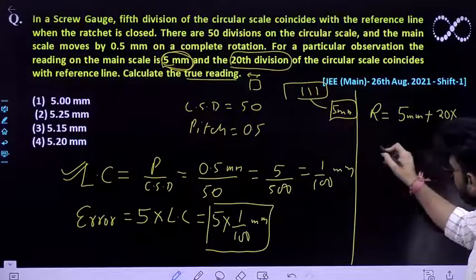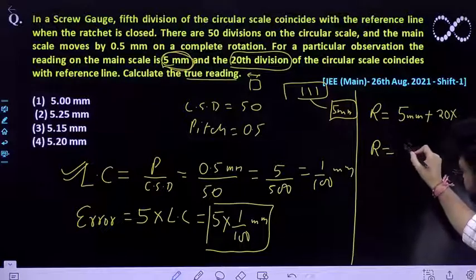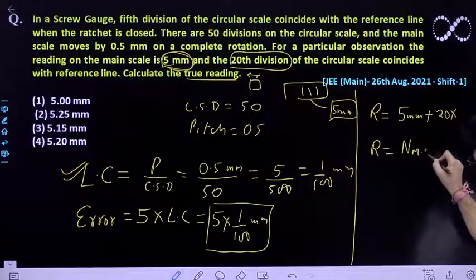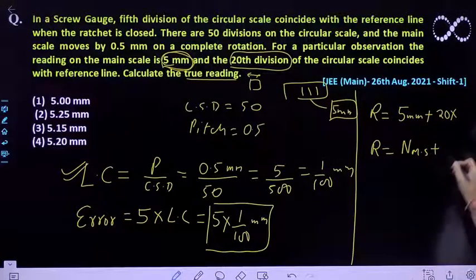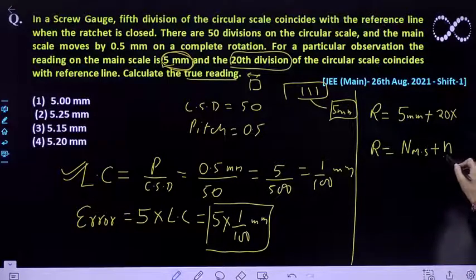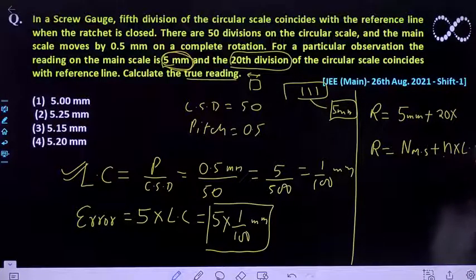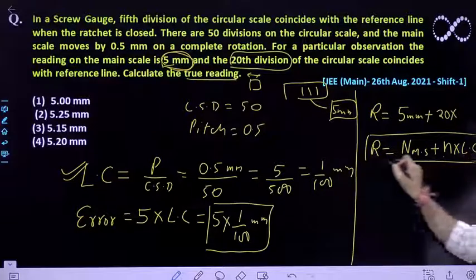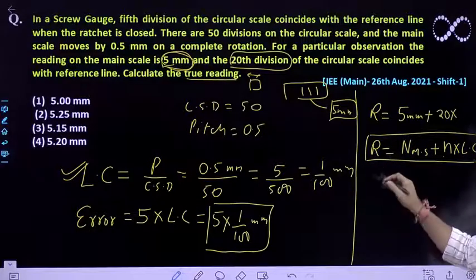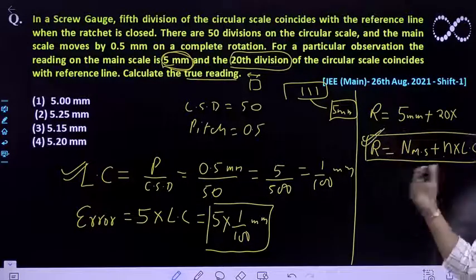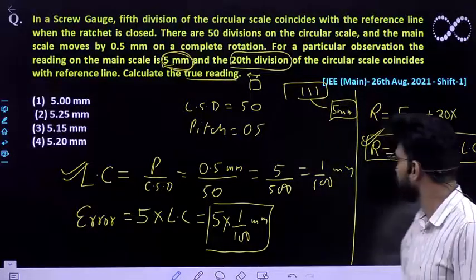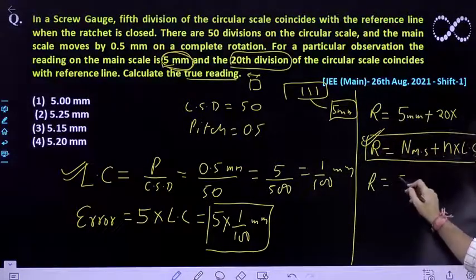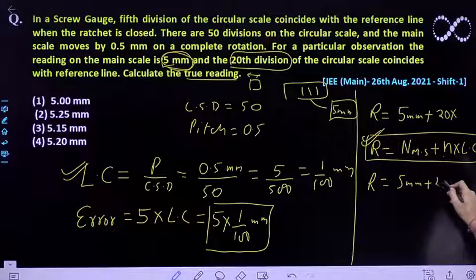That is, the number of circular scale divisions multiplied by least count. So this is the value of reading that a screw gauge will give you. So R must be equal to 5 mm plus 20 into least count.